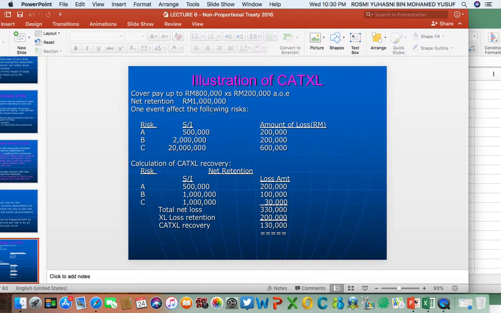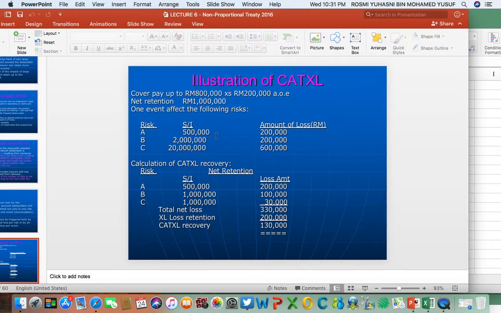Remember, insurer retention for one risk is 1 million. So if you look at the sum insured for each of the risks here, it doesn't mean that the insurer will retain 100% of this risk. If you look at risk A, the insurer will retain 100% of risk A. The original sum insured of risk A is 500,000, and the insurer can retain up to a maximum of 1 million.